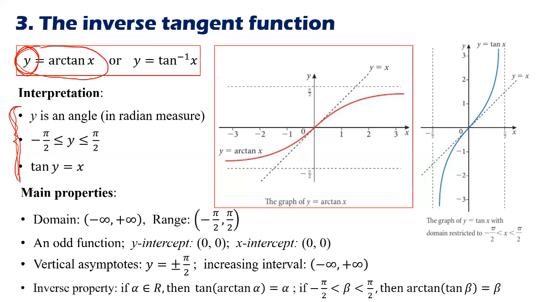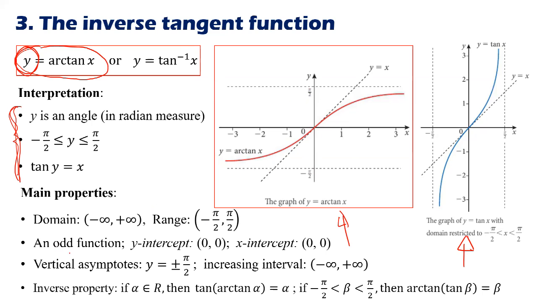Okay, next, the main properties of this function. First of all, the domain. If you look at this graph, this is a graph of arctangent x. The domain is negative infinity to positive infinity, which is the range of tangent x on the right. Okay, the range of the arctangent is, of course, negative half pi to positive half pi, right?